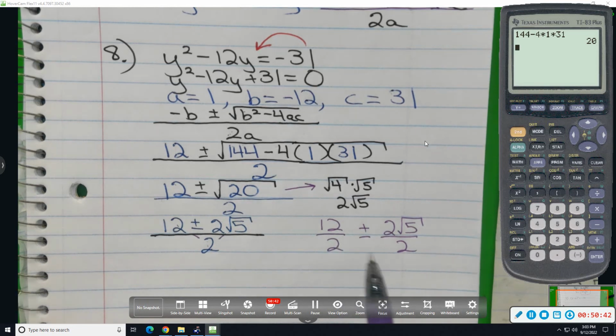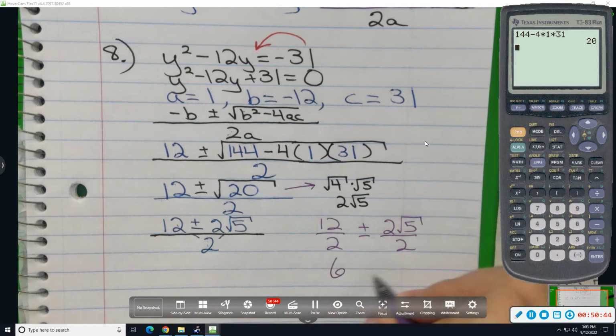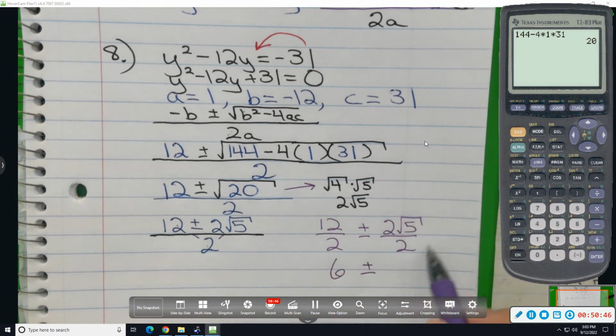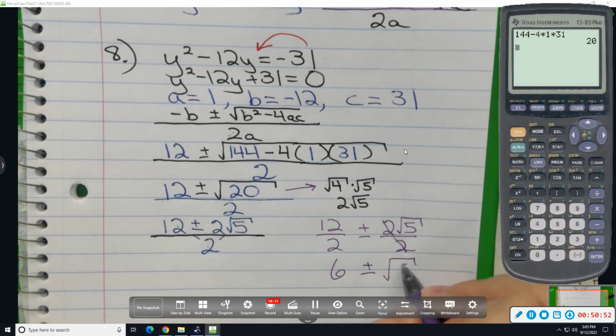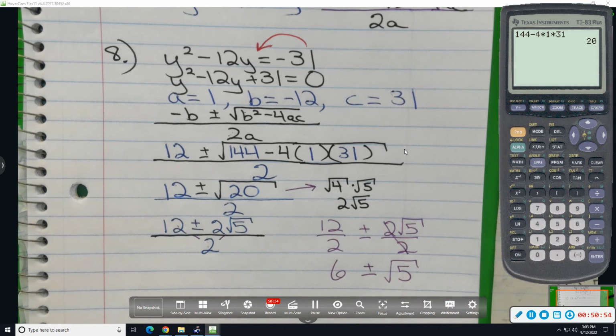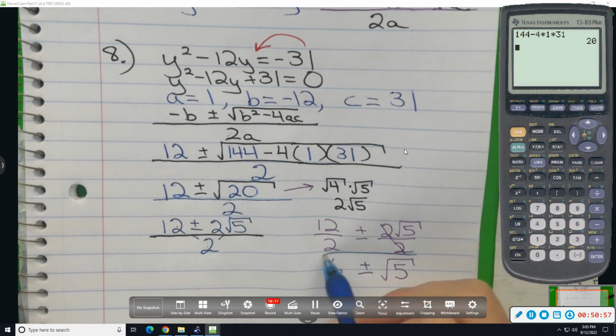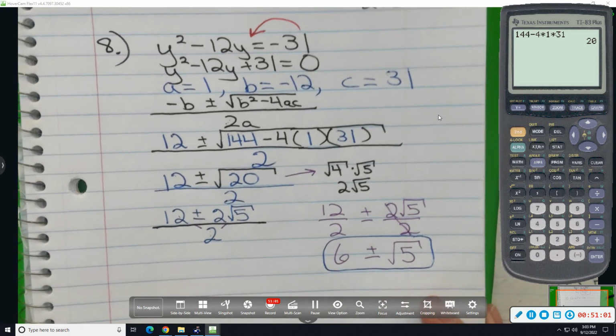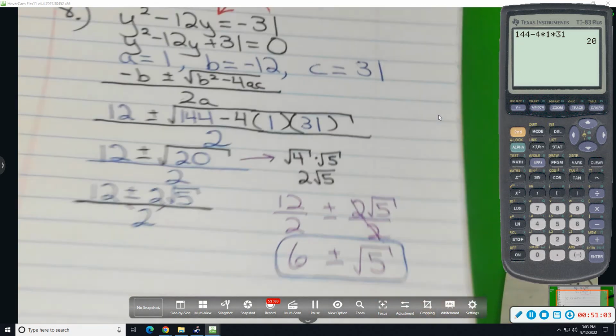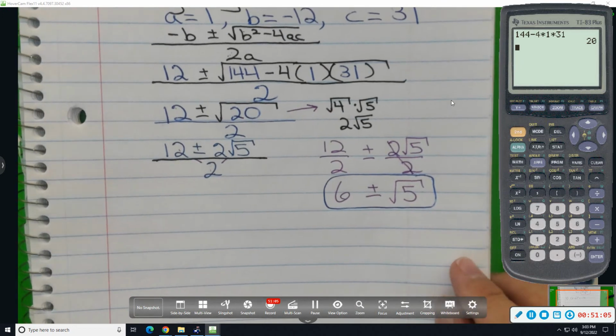12 divided by 2 is 6, plus or minus. What can we cancel here? The 2, leaving us just that square root of 5. So there's the splitting up method. And if you're viewing an example, I guess we should probably show them the other method.